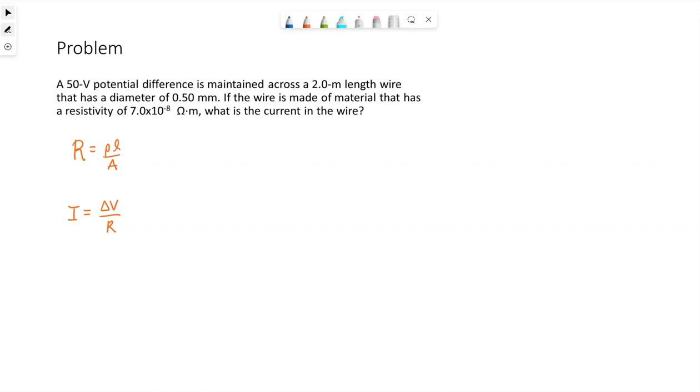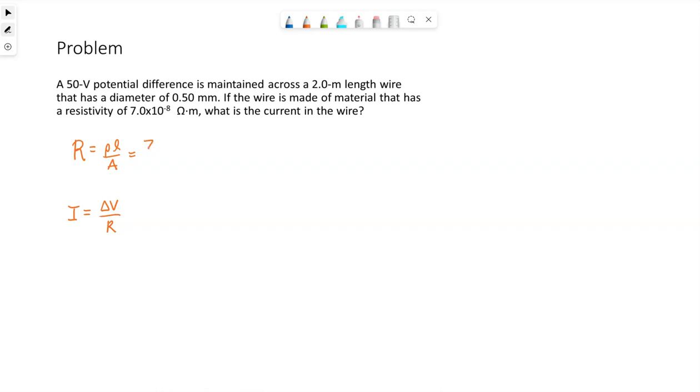Whether we substitute R symbolically first or solve for R and plug in doesn't necessarily matter. Let's go ahead and find R and then find I.